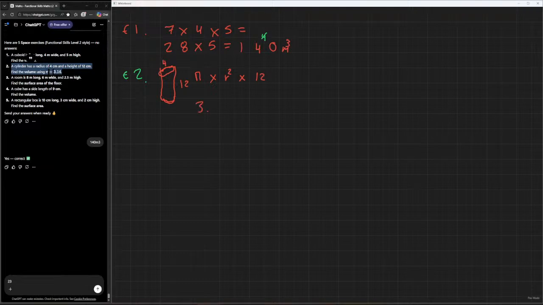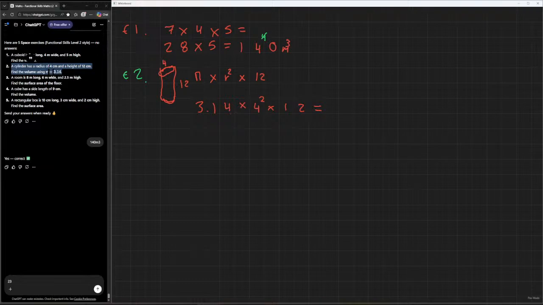So 3.14 times, okay, I'm just gonna do 4 times 4. I think it's like this, but I'm not sure again. No, I'm sticking to this, and if I'm wrong, I'll double check. 4 squared times 12.